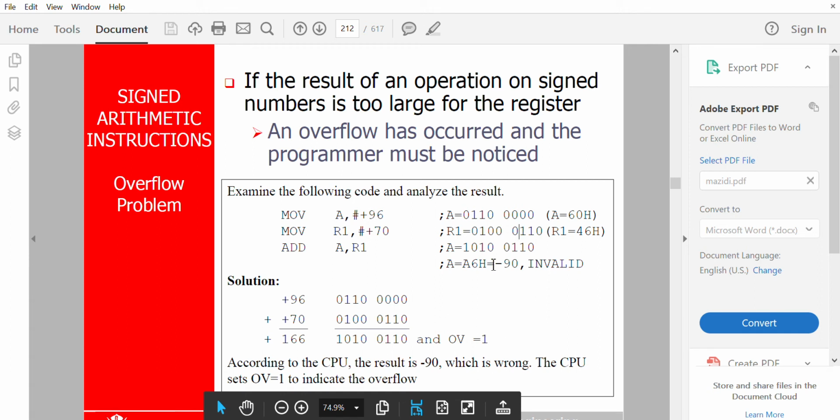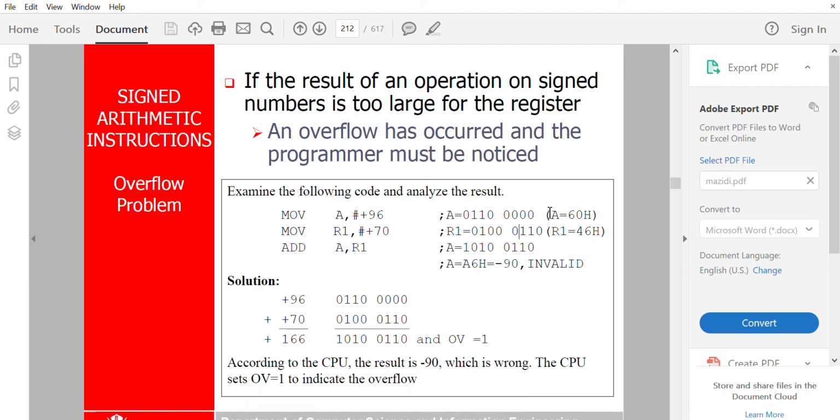Okay, so here what is said is this is A and this is R1, that is 60 and 46.